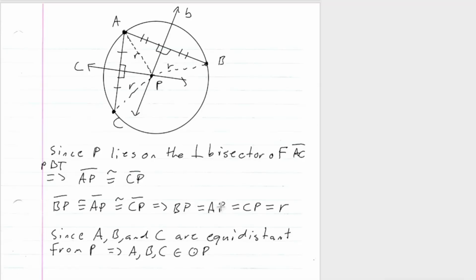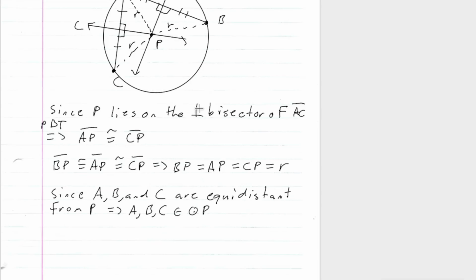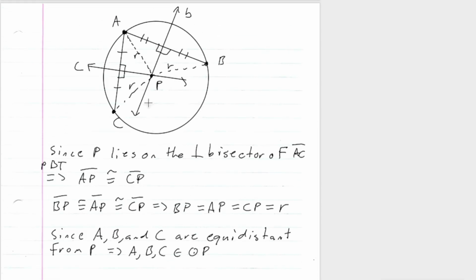By definition of a circle, if these 3 points are equidistant from a point P, that means they lie on the circle P. All right, so at least we've proven that A, B, and C do lie on a circle P from this perpendicular bisector argument, right? Now all we have to show is that this circle P is actually unique.